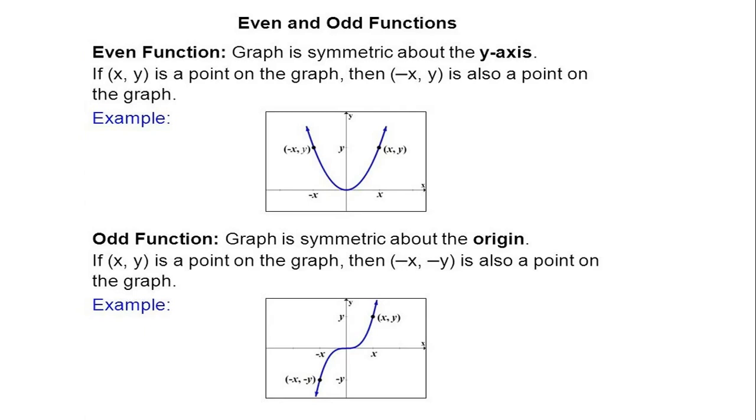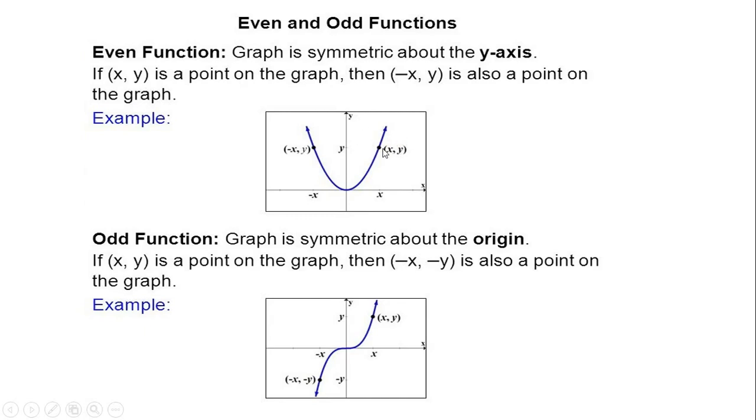Now we will discuss the graph of odd and even functions. An even function graph is symmetric about the y-axis. We have the function at point x, y, and also a point at minus x, y. Then it is an even function.